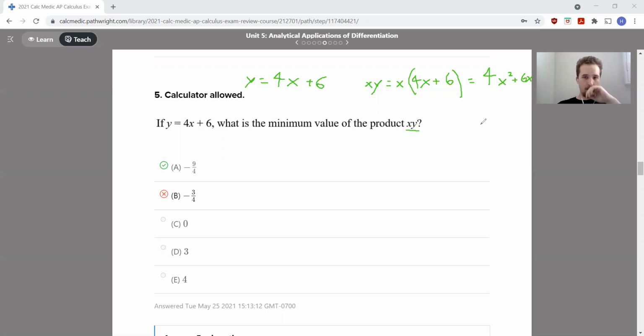From here, we can take the derivative of this. Derivative of 4x squared, well, that's going to be 8x. Derivative of 6x is just 6. These are just power rule of derivatives here. And so, if this is the derivative, we'll call this f prime here.